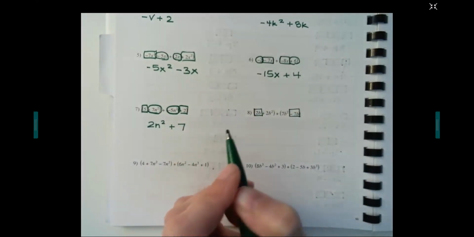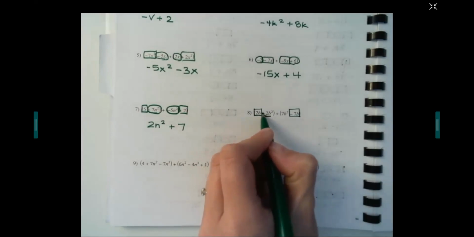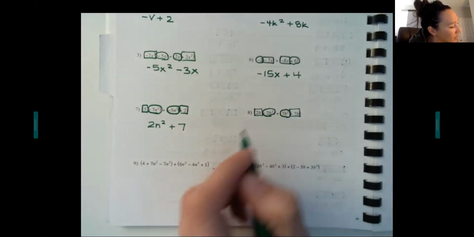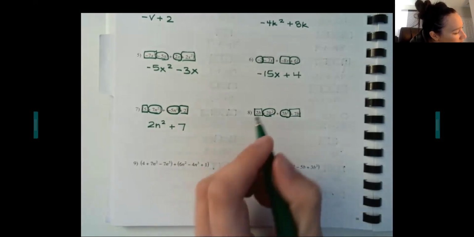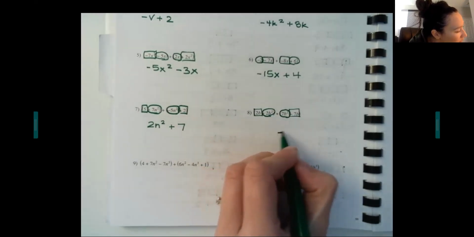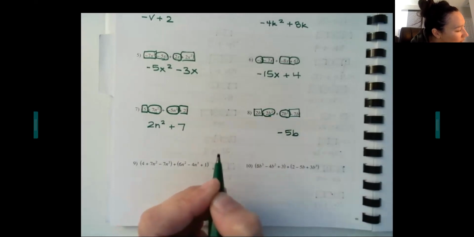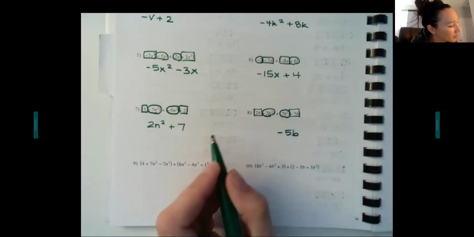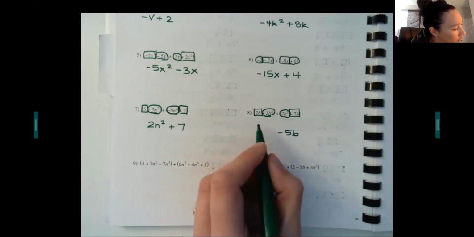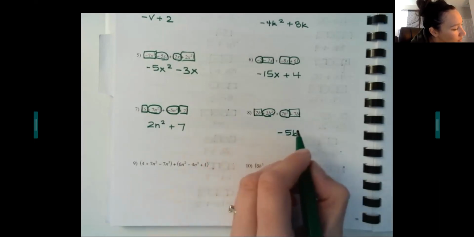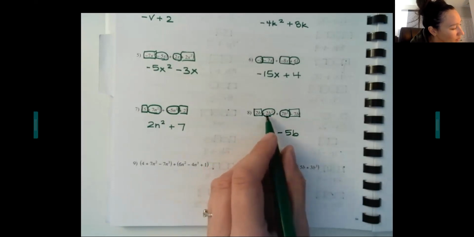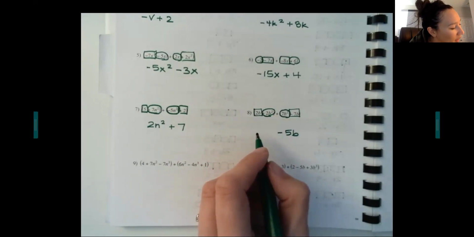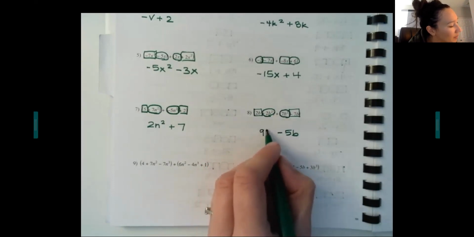And I circled the other numbers. Okay, good. The 2b squared and the 7b squared. Good. And what did you get when you combined your like terms? I got negative 5b. Is it plus? Yep, it would be plus. So what did you get for 2b squared and 7b squared? 9b squared. Yep, 9b squared.